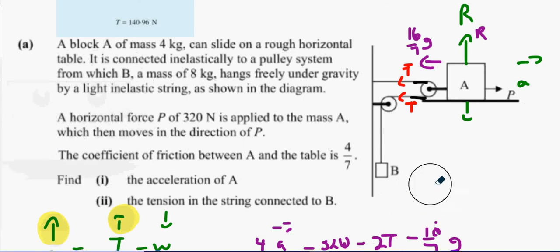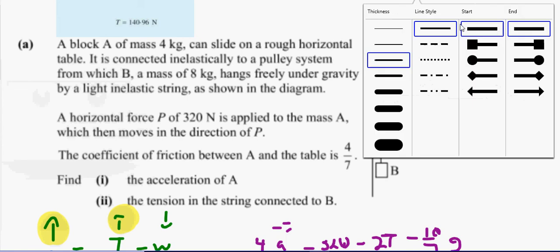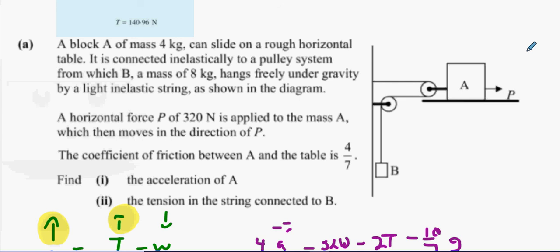So, another type of question, as I said, it was news to me, but it could look something like this. Imagine instead this system here, and I just take all this out. Imagine it looks something like this instead.